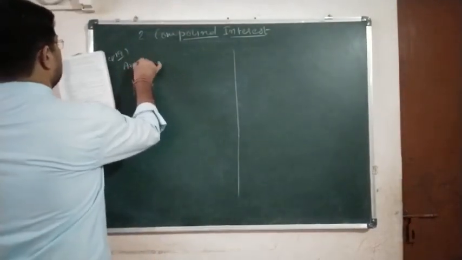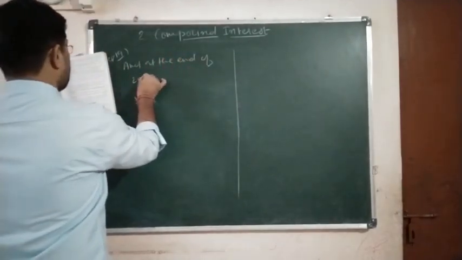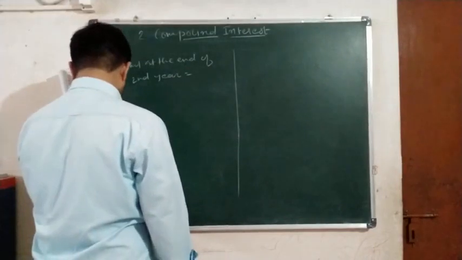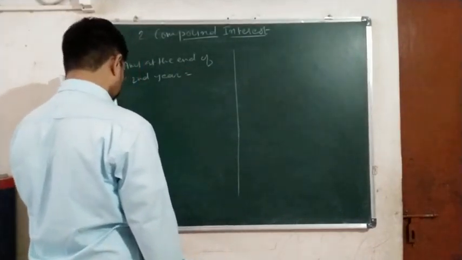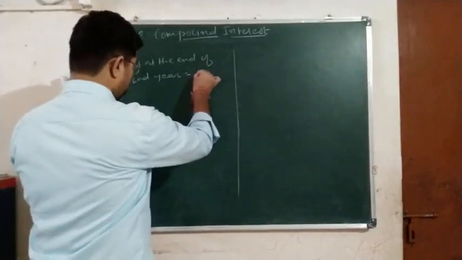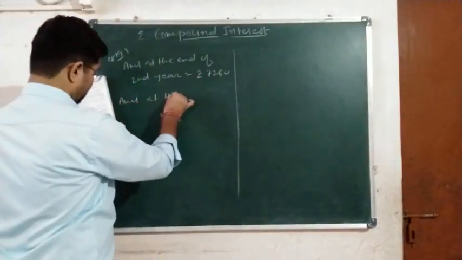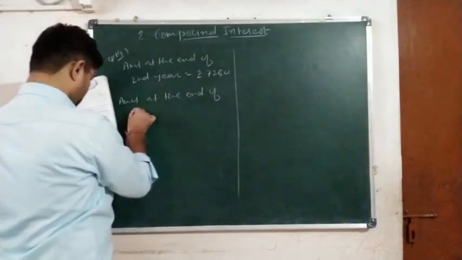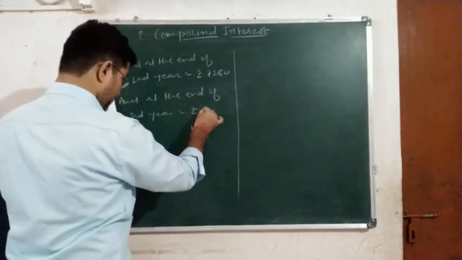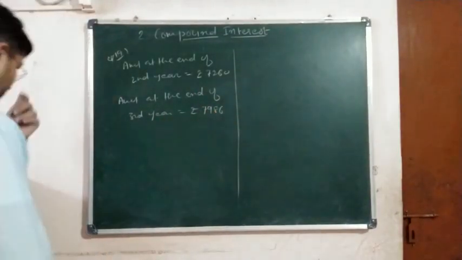So let us write down that amount at the end of second year is equal to 7260, and amount at the end of third year will be rupees 7986. Okay, we have to find the rate percent.